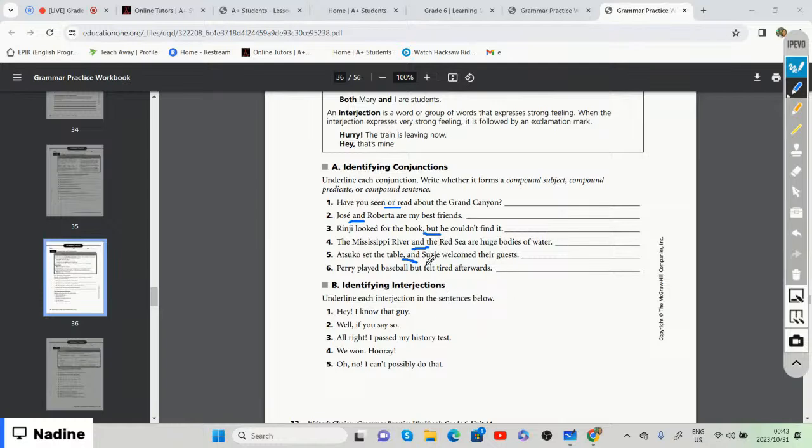And we can say it is but. So but is correct. Perry played basketball, but, which is our coordinating conjunction, felt tired afterwards. So but is correct.